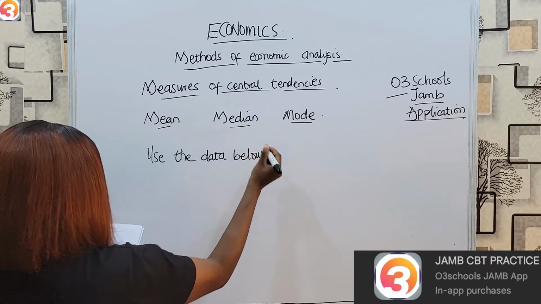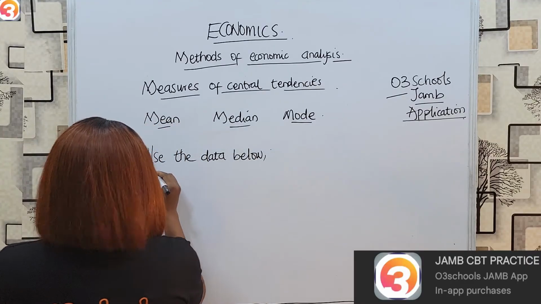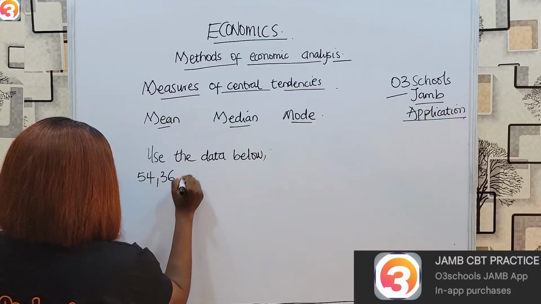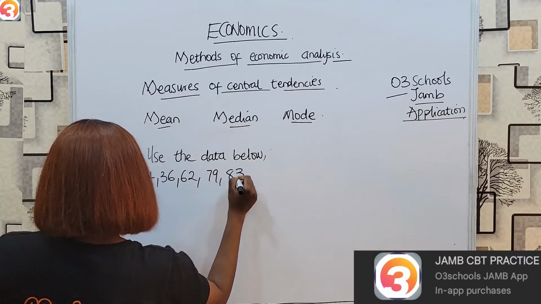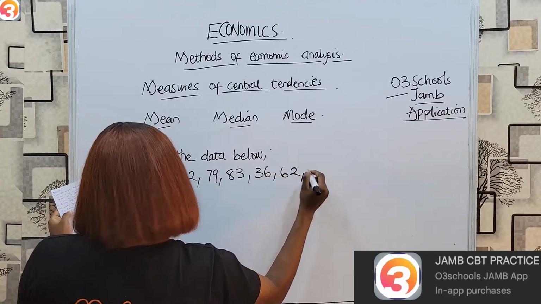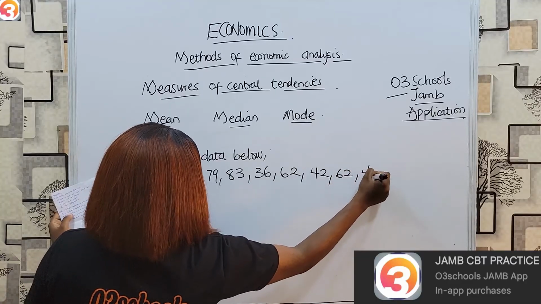It is a very simple question. 54, 36, 62, 79, 83, 36, 62, 42, 62, and 42.